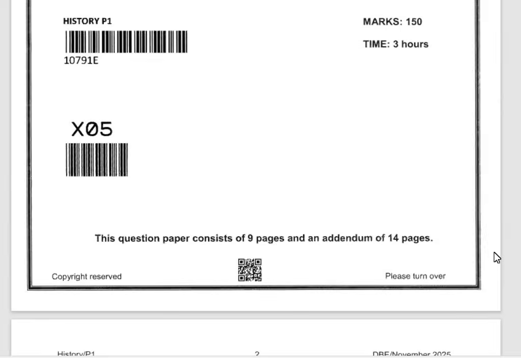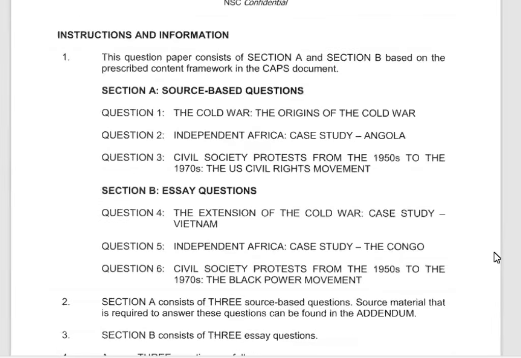Right, without wasting time, we need to go through our paper.